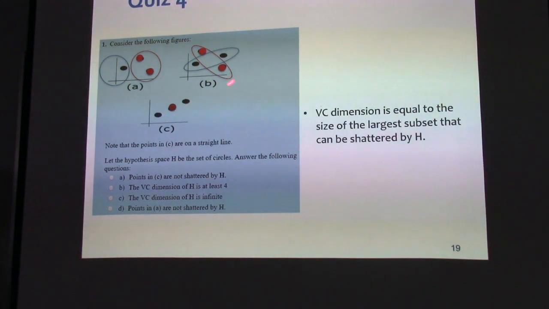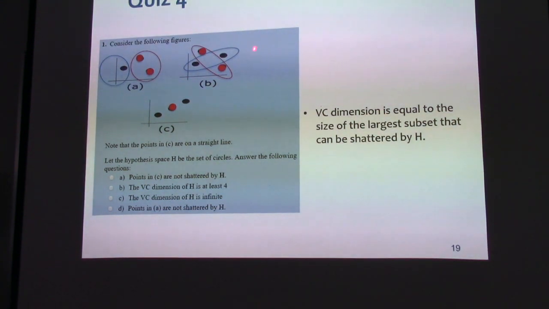So this means that the points in this figure cannot be shattered by the hypothesis space H. The VC dimension is equal to the size of the largest subset that can be shattered by H. For example, in this figure, if there are three points marked as red, you can easily use two circles to separate those two classes.